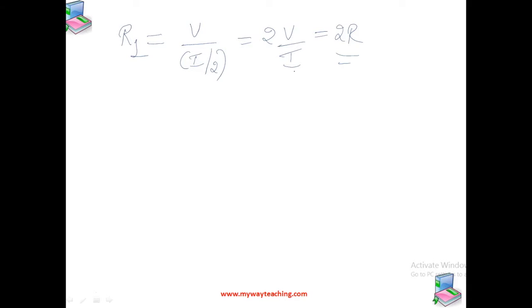Halving the area doubles the resistance, which means we can definitely say the resistance R is inversely proportional to the cross-sectional area, isn't it?